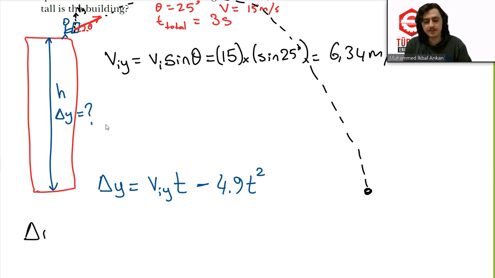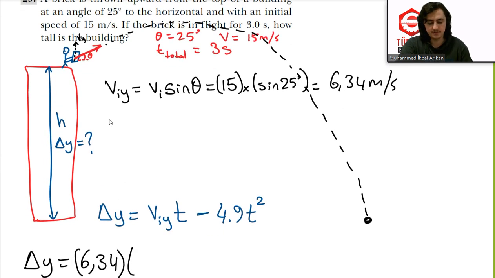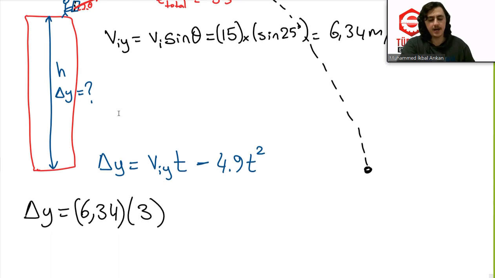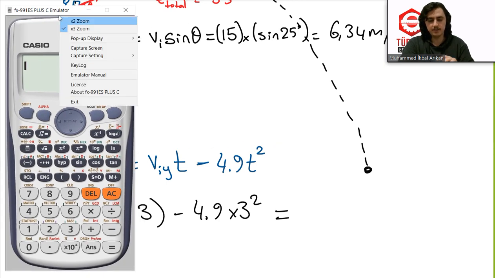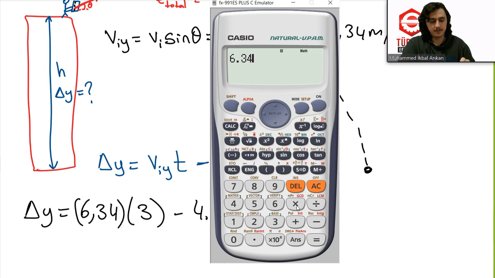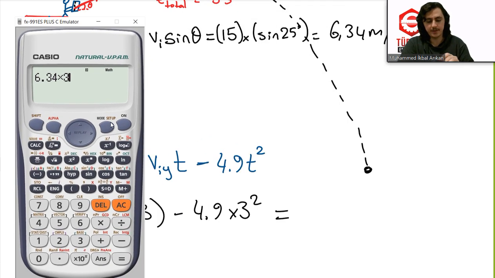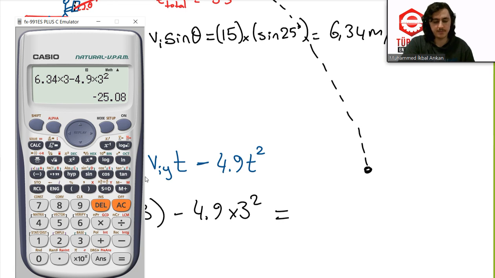So I put our initial velocity in y, 6.34 meters per second, times the given time, 3 seconds, minus 4.9 times 3 squared. 6.34 multiplied by 3, minus 4.9 times 3 squared, is minus 25.1.